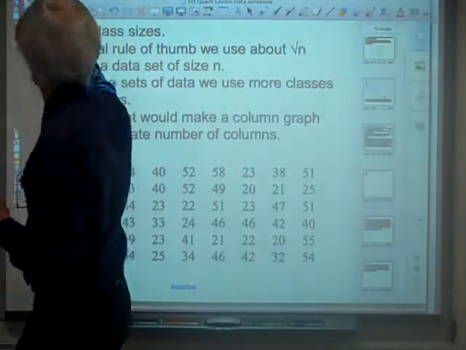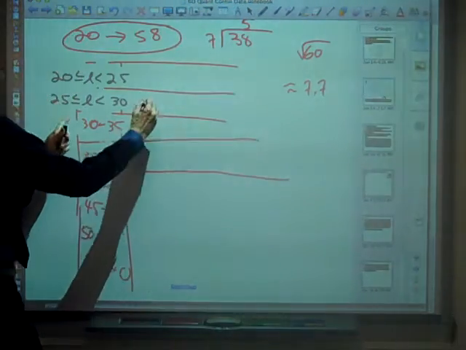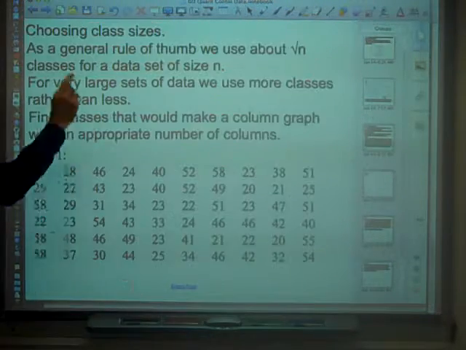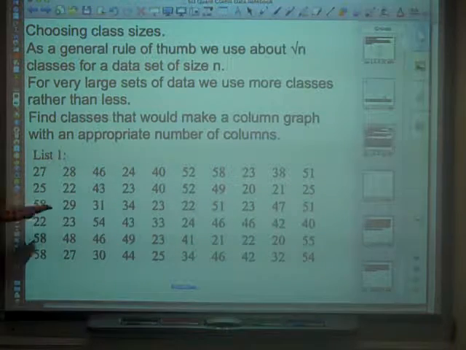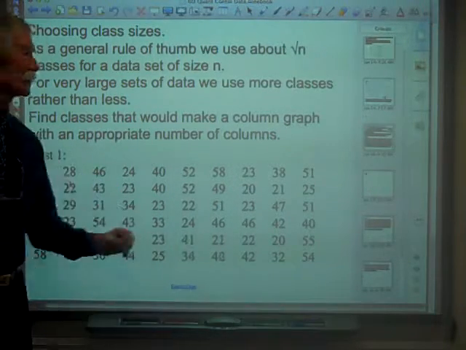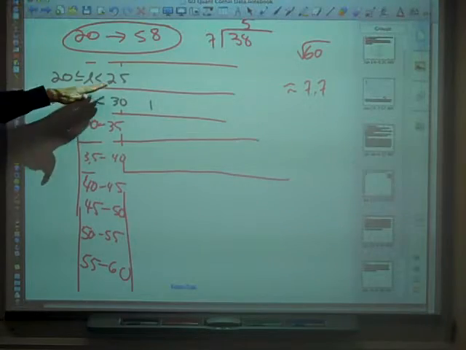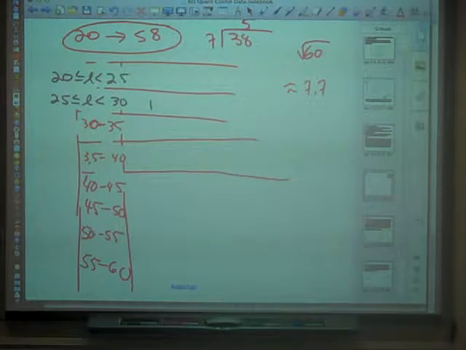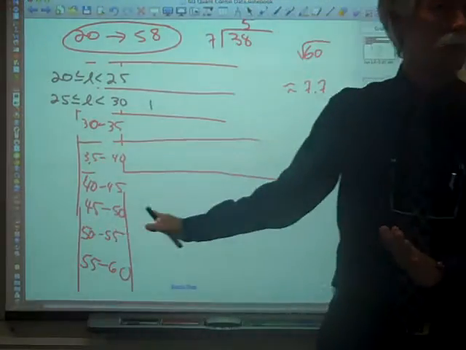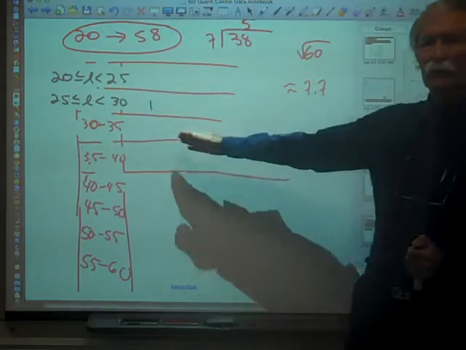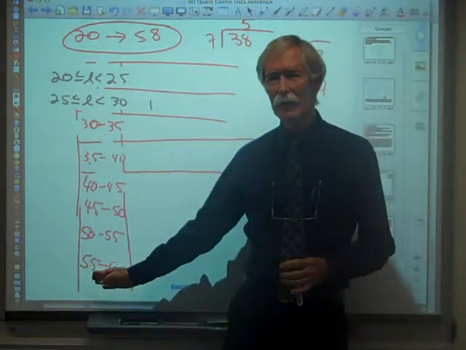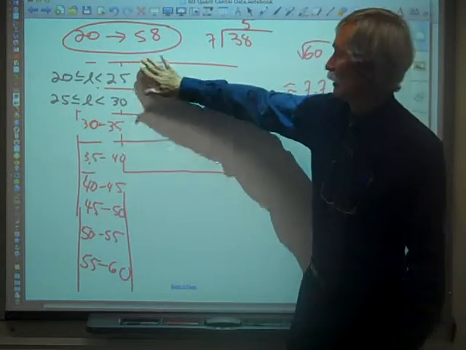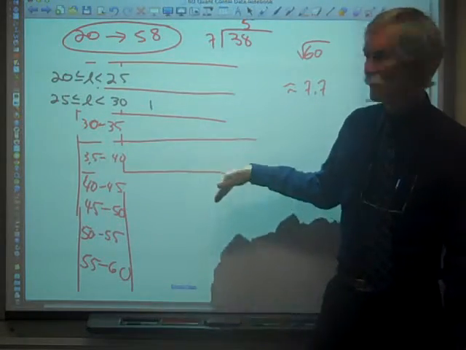So 27, go to your table, figure out where 27 is going, put a little tick, make a tally, and put all 60 data values into your tally, do a frequency column, and that's what we're going to be doing for homework, is problems like this. Okay? I just wanted you to get this organized, and then you don't need to spend class time doing the tally and all of that.